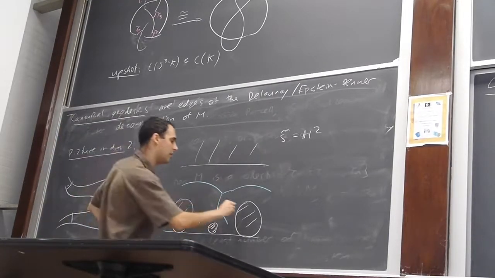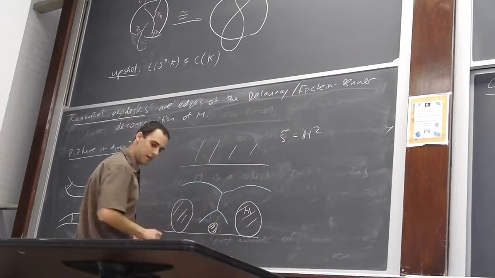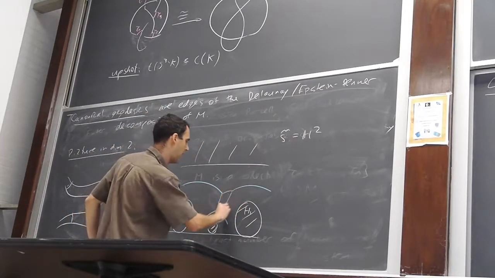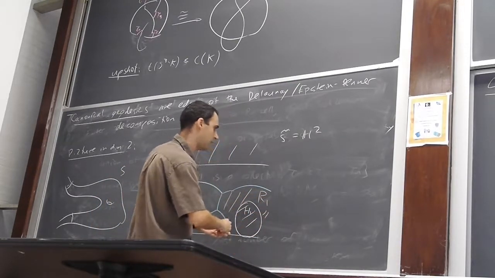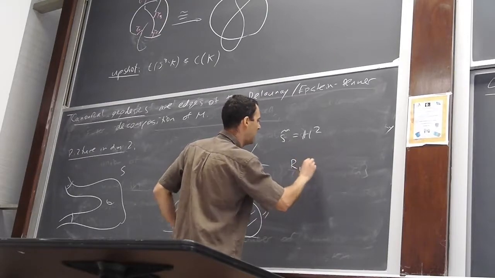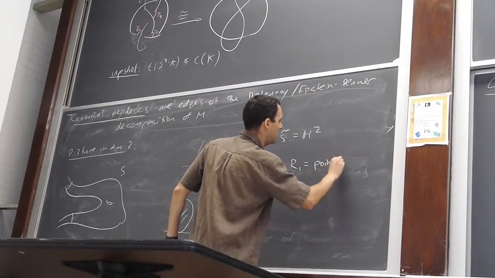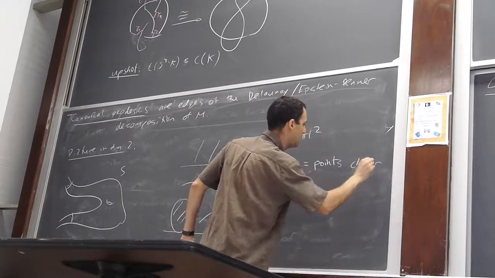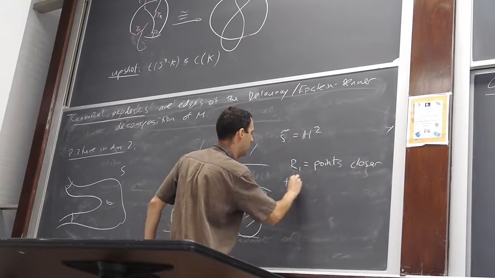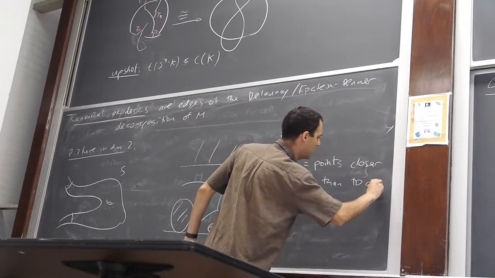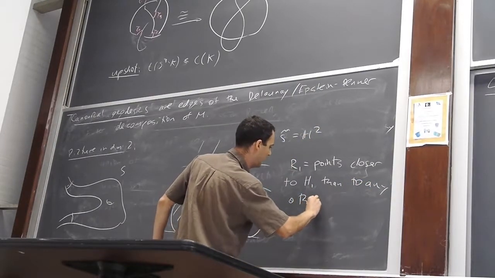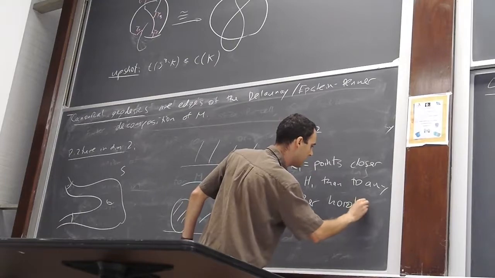So here's each one, and here is a region R1. R1 is the points closer to H1 than to any other horoball.